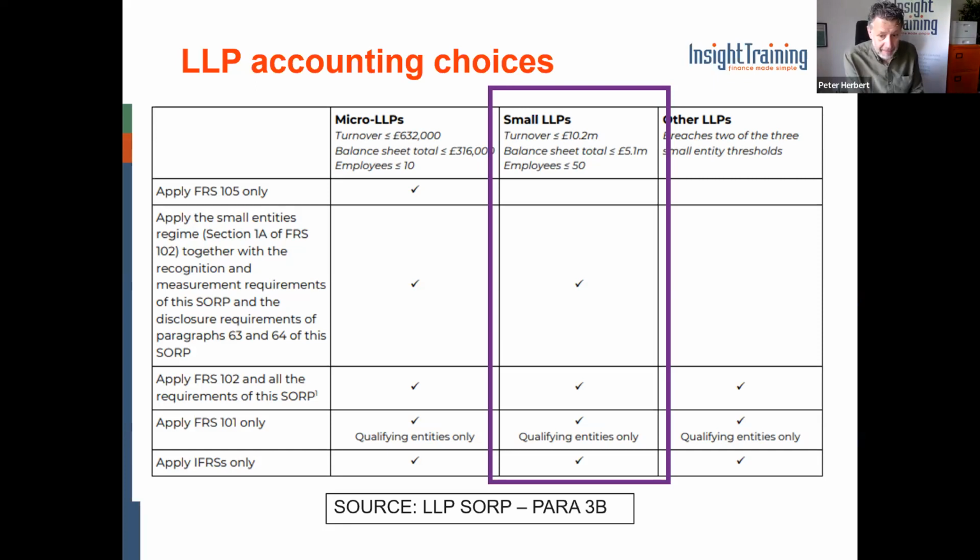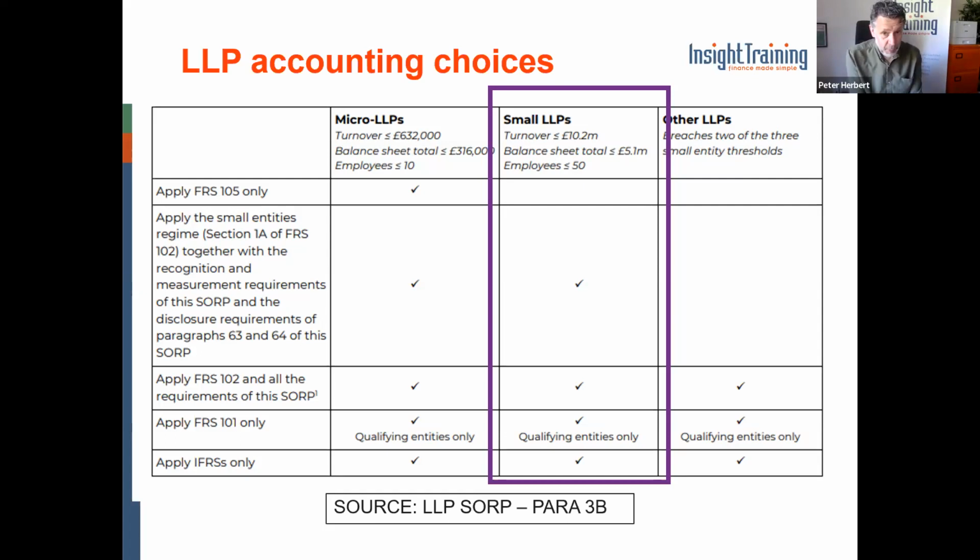So what a small LLP could do, it could apply IFRS, it could apply FRS 101. That probably would be where it is an LLP which is sitting within an IFRS group, and it would therefore use the FRS 101 reduced disclosure framework for IFRS.